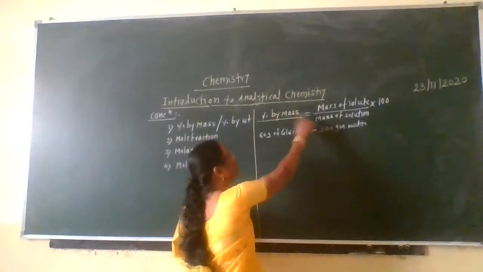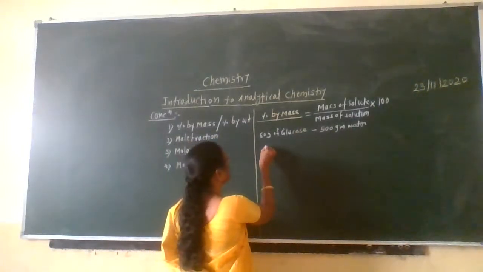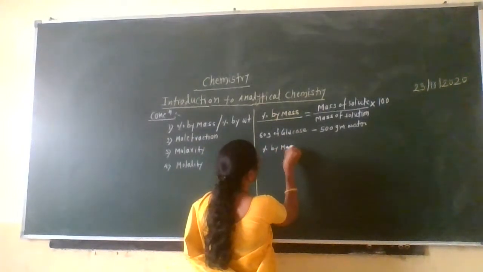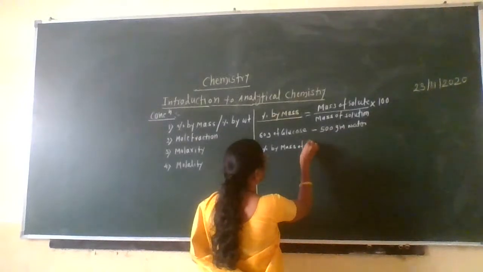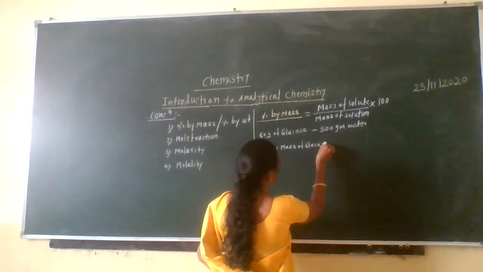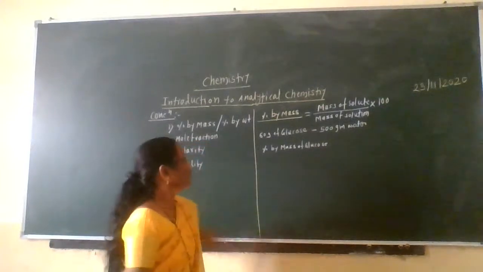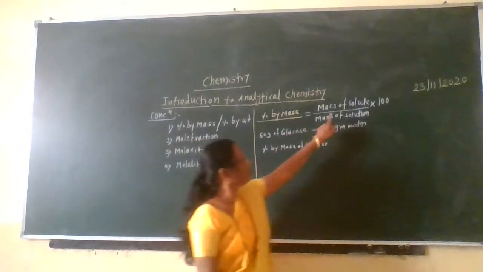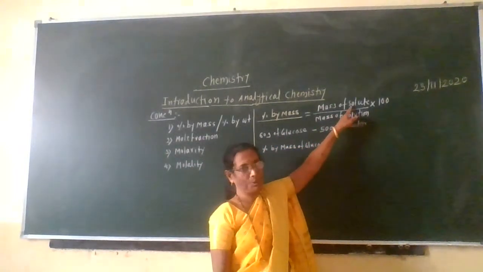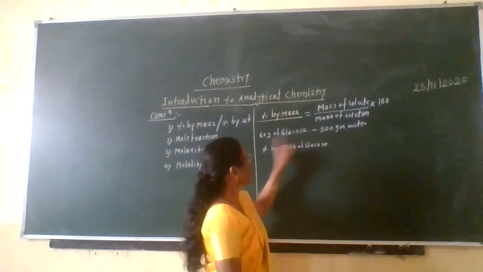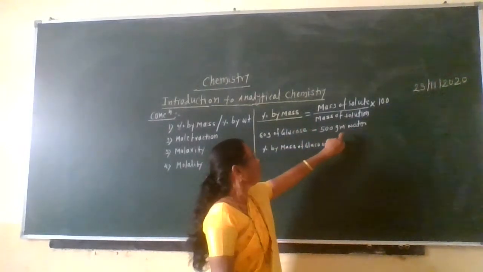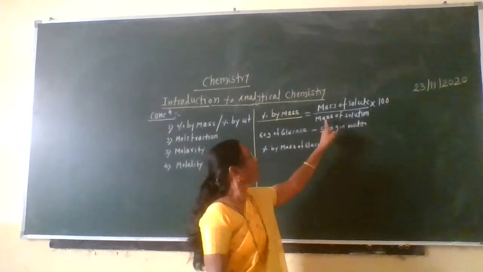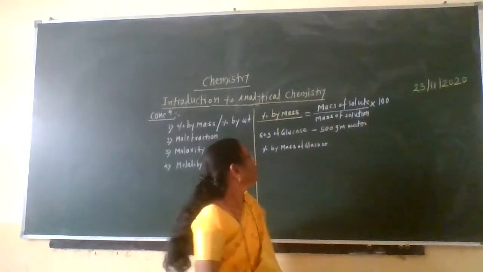Now, according to the formula, percentage by mass of glucose. Here, what we have is 60 gram of glucose, which is the mass of the solute. And the mass of water is also given. From these two, we can calculate the mass of the solution.